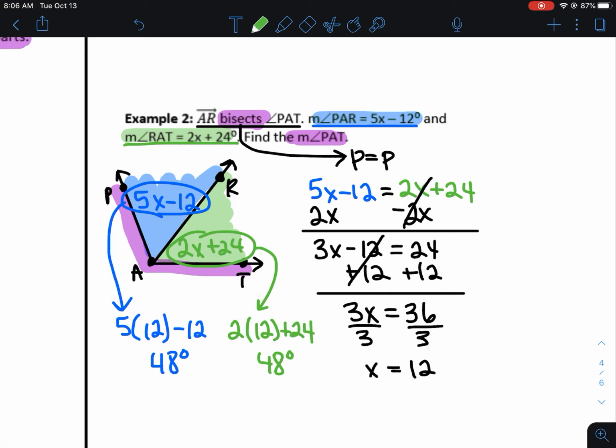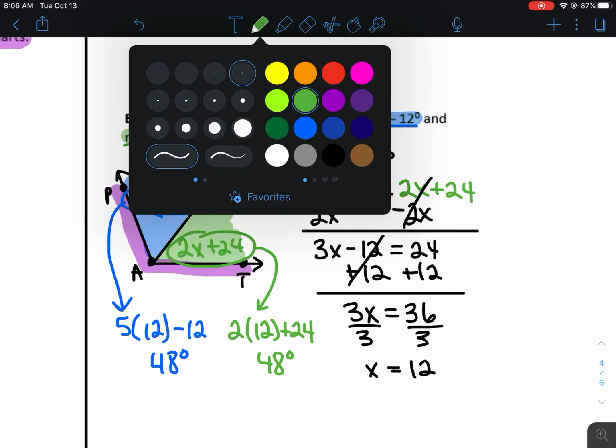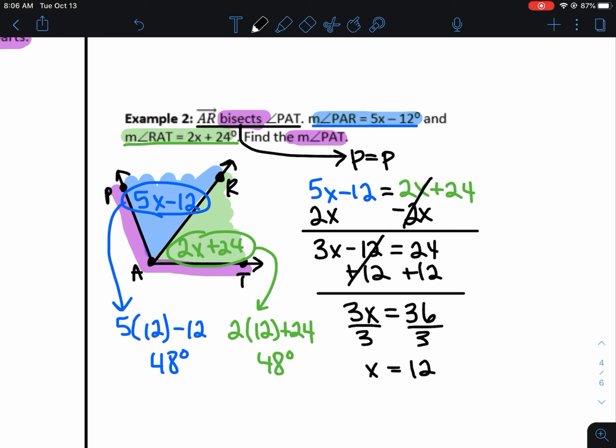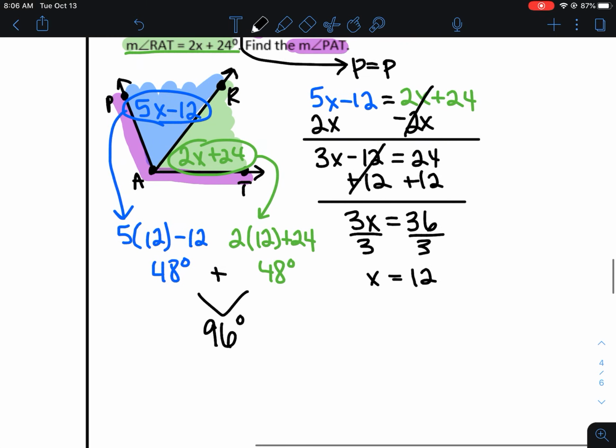And if you're not sure, just go type both of those into your calculator to make sure they each equal 48. All right, and again, since we need the whole thing, we need PAT, we have to add those together, and then that's going to be 96 degrees. So the measure of angle PAT equals 96 degrees.